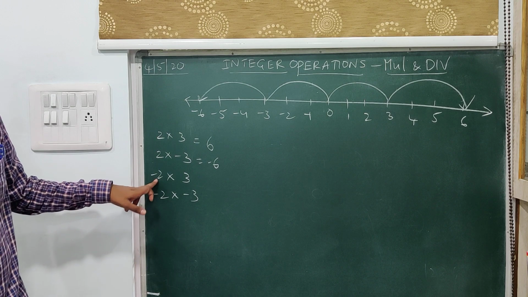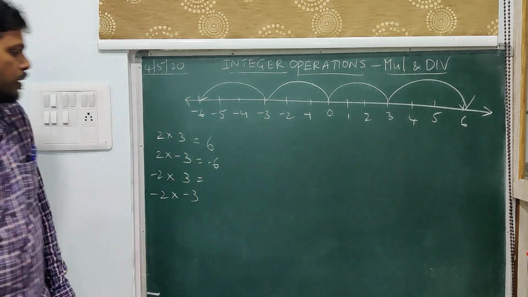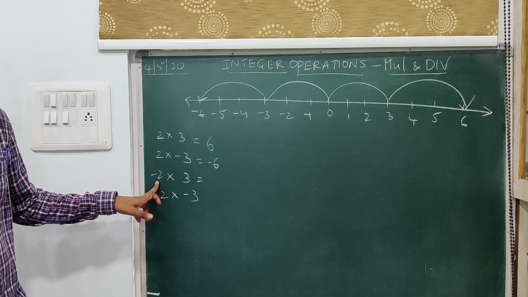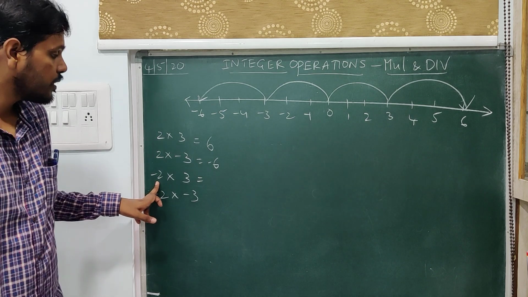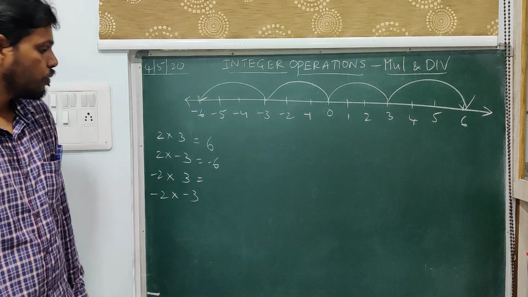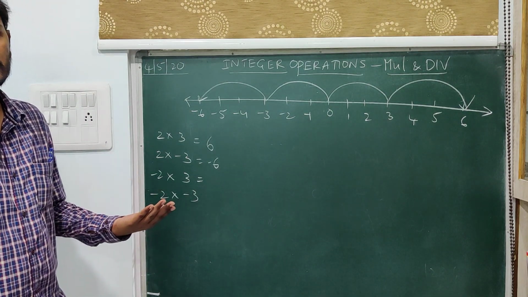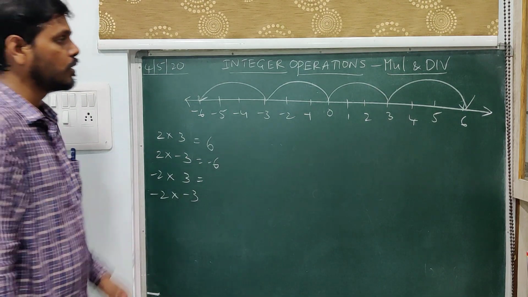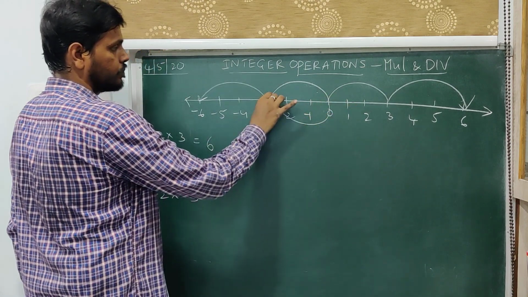Now minus 2 into 3. Minus 2 into 3, negative multiplier. So which means that you have to subtract 3 how many times? 2 times. So when you are subtracting a positive integer, you will go in the negative direction.